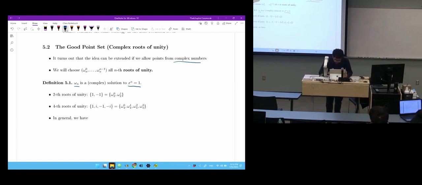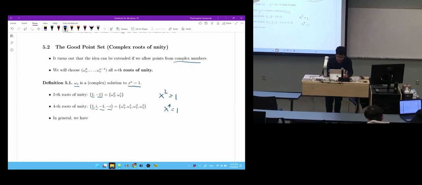So, for example, what's the solution to x squared equals 1? There are two solutions, which are 1 and minus 1. For x to the 4th equals 1, there are 1, i, minus 1 and minus i.